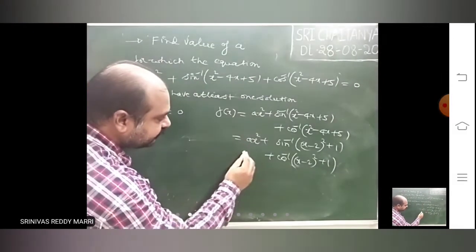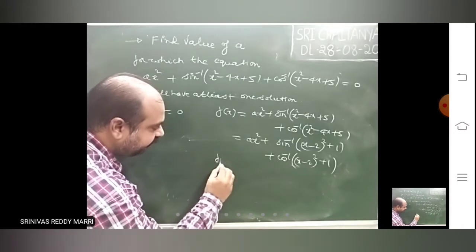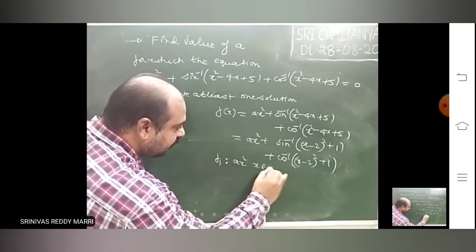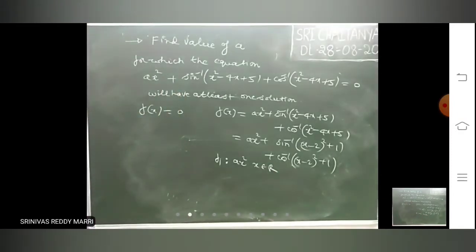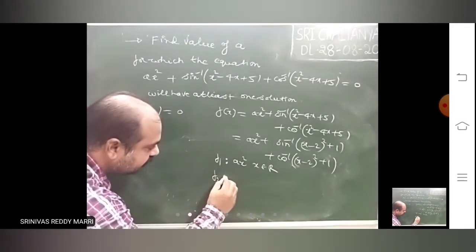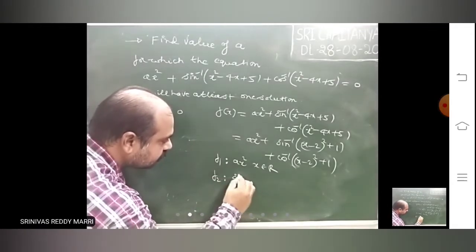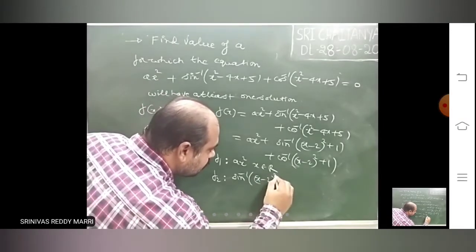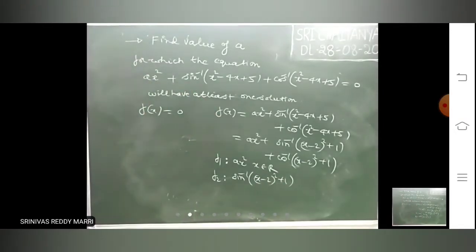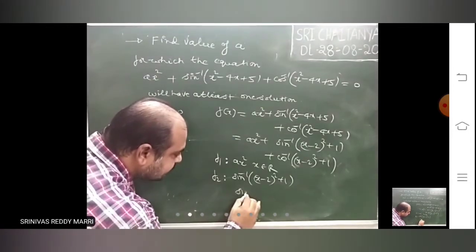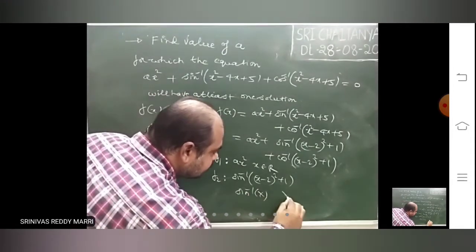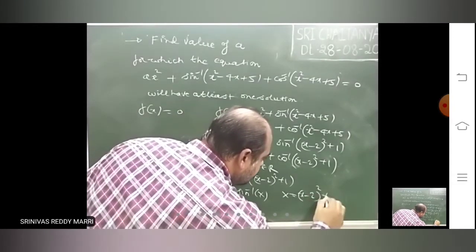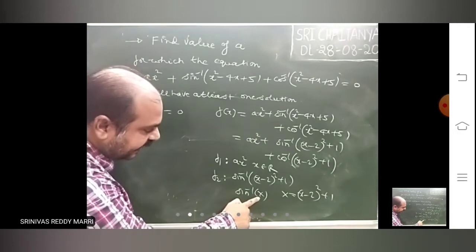Now look at the domain. F1, this is ax square, will always be defined for all real numbers. Look at F2. Take capital X as x minus 2 whole square plus 1.